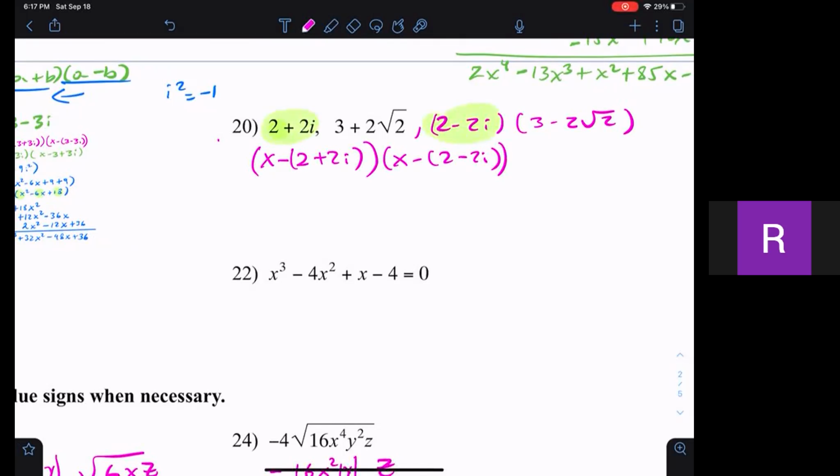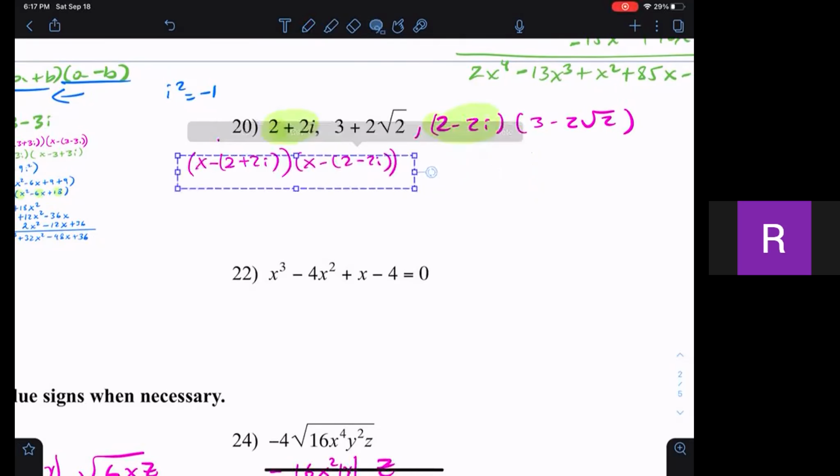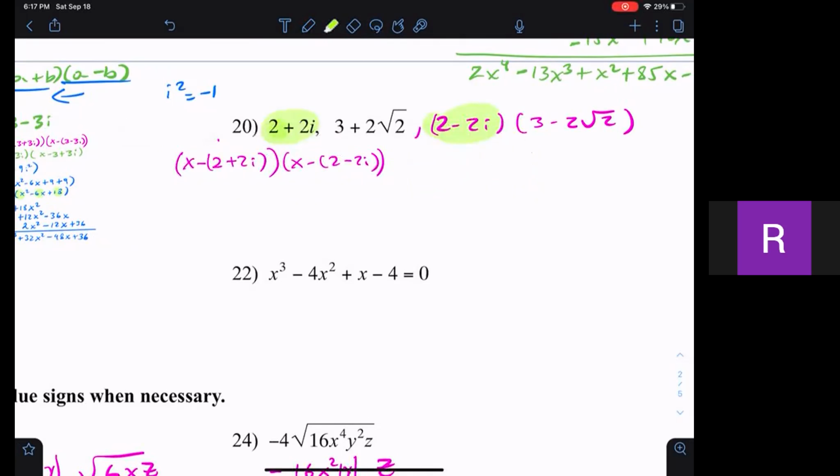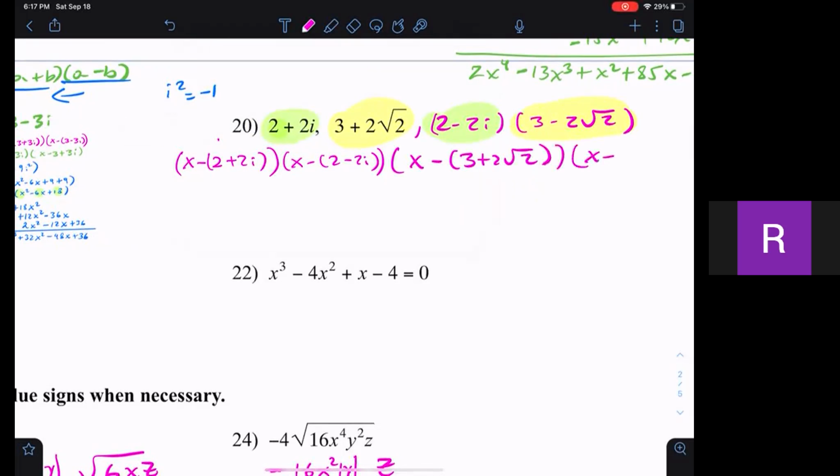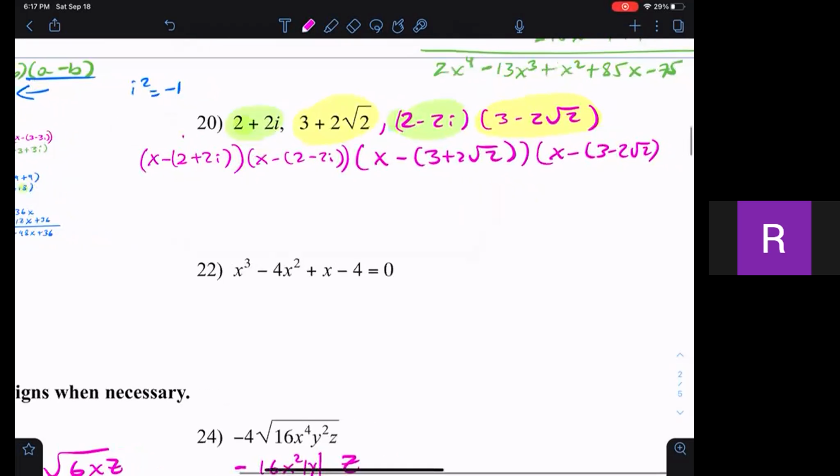So I was working out with this and this. Now I have to do these things, right? This thing right here and this thing right here. So that's going to be x minus 3 plus 2 root 2, and then x minus 3 minus 2 root 2, right?